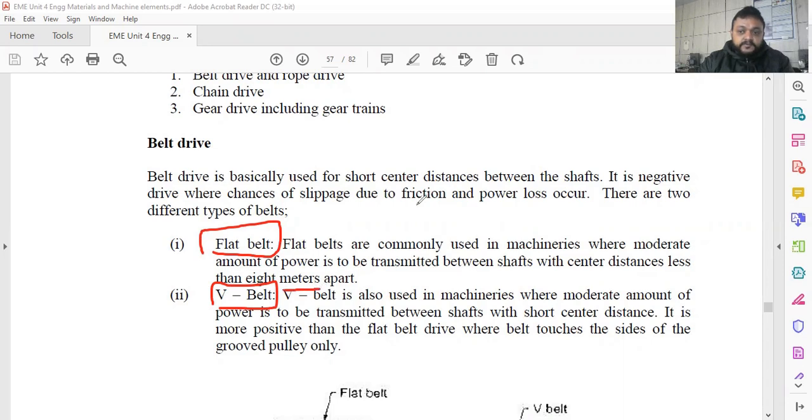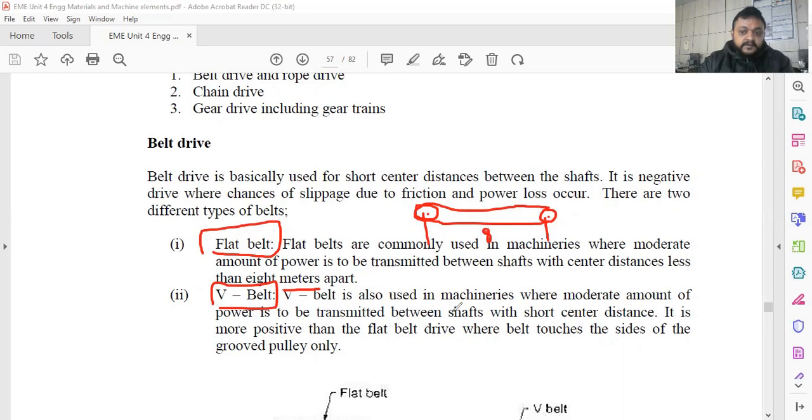Suppose shaft 1 is this and shaft 2 is this, and we have to transmit the power from one shaft to another, then you wind the belt over the pulleys on the two shafts. But you have to keep in mind that the center distance between these two shafts should not be more than 8 meters. That is the ideal requirement of using the belt drive, specifically the flat belt drive.